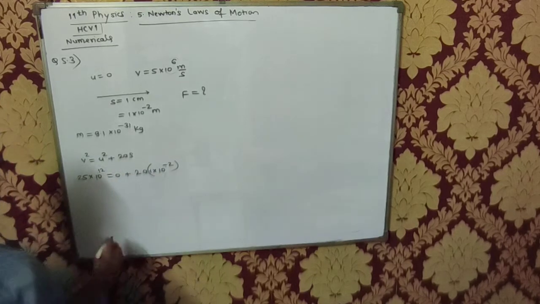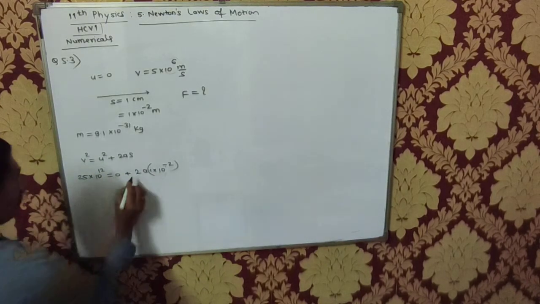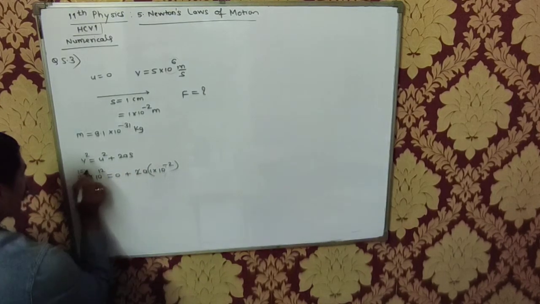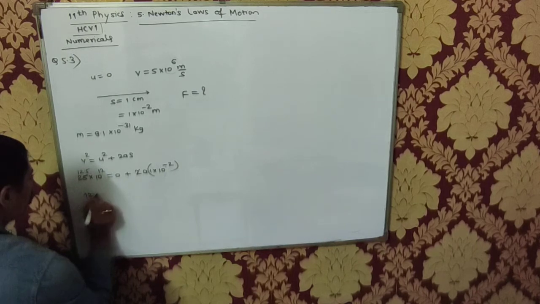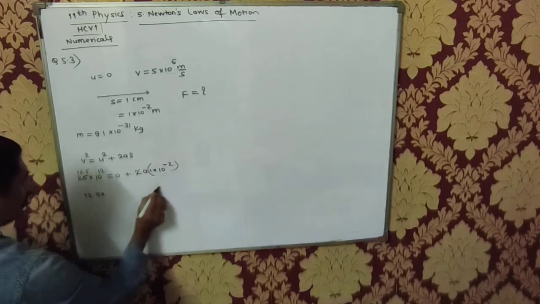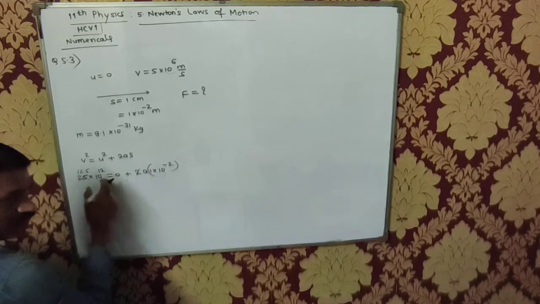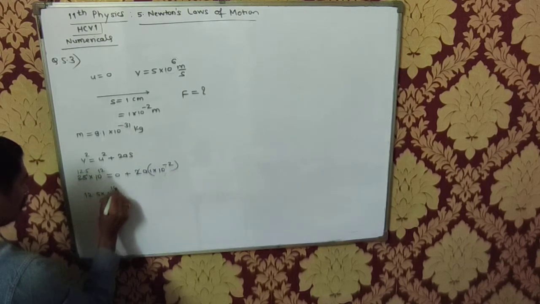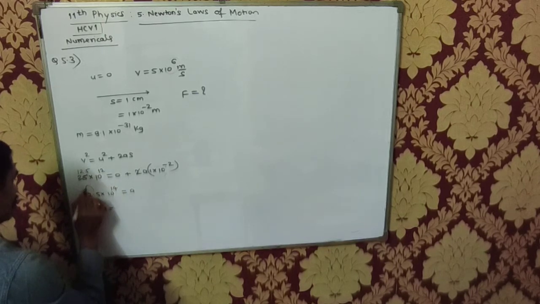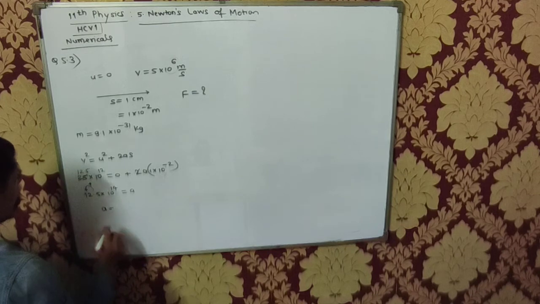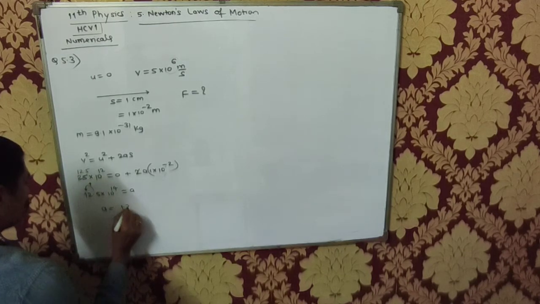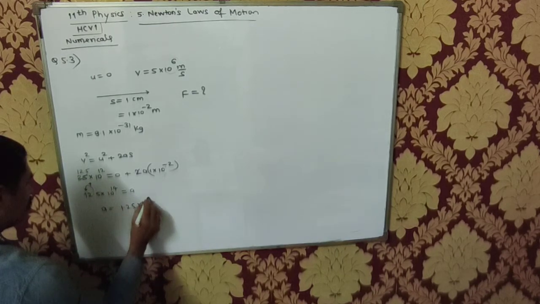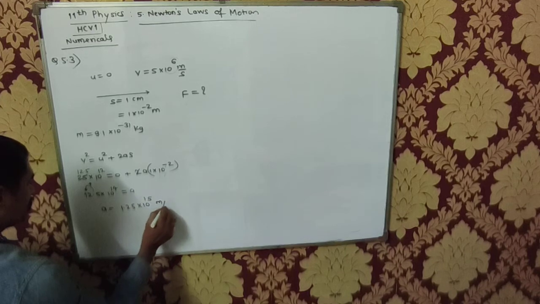Now, the acceleration is 12.5 into 10 raised to 12 divided by 10 raised to minus 2, so minus 2 goes up as plus 2, so 10 raised to 14. So acceleration is, if I transfer the decimal on this side, 1.25 into 10 raised to 15 meter per second squared.